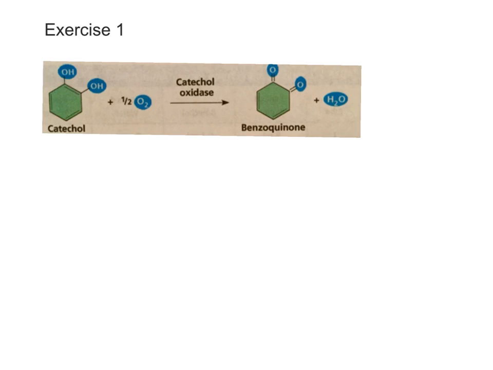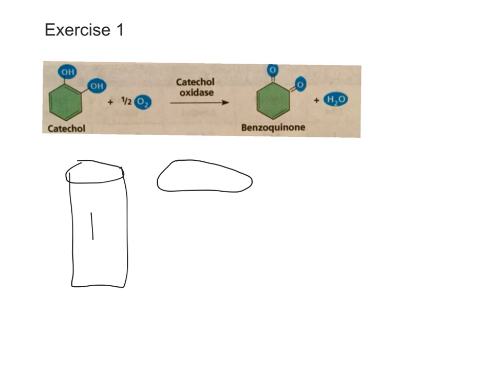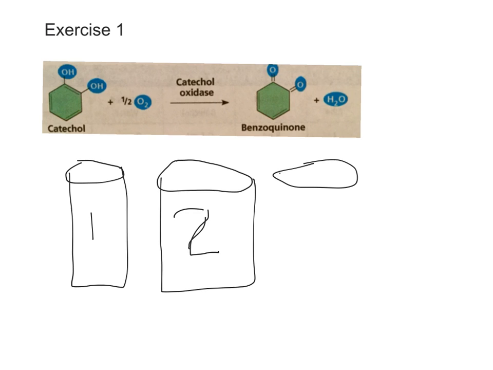Okay. So in the actual experiment, we're going to be using potato extract, or I used potato extract, and I had 3 test tubes. So let me draw out those 3 test tubes. Here is test tube number 1, test tube number 2, and test tube, looks more like beakers, but they're test tubes, test tube number 3.